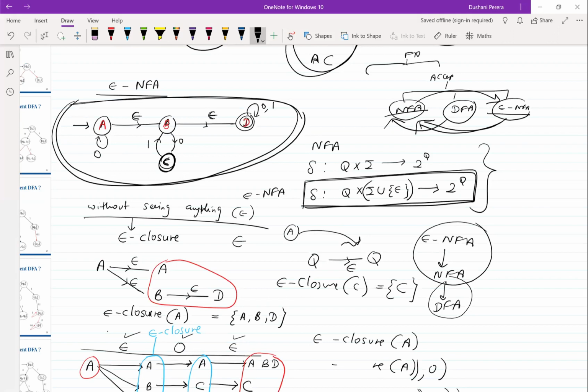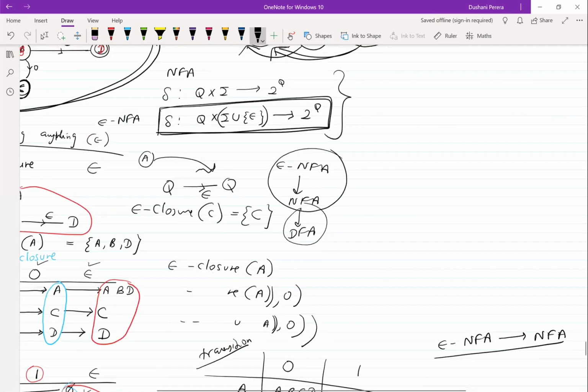When I convert an epsilon NFA to NFA, if a state can reach the final state upon seeing nothing, then we name that state a final state.